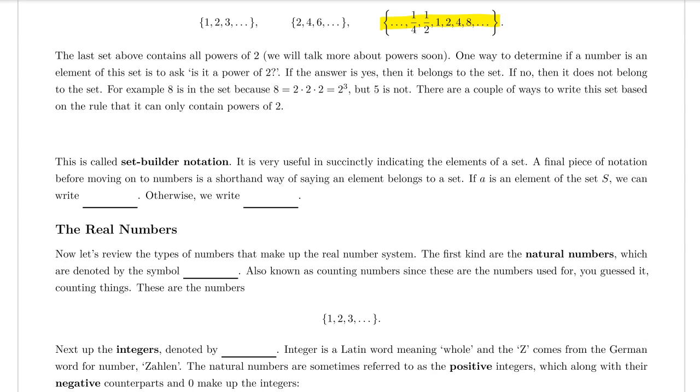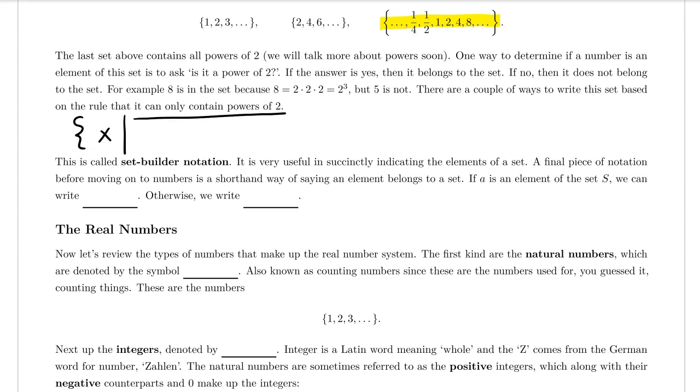There are a couple of ways to write this set based on the rule that it can only contain powers of 2. So let's write this in a few different ways. So I'm going to put the curly bracket, and I'm just going to put some variable. And the variable maybe I could use is x, and then I'm going to put a vertical bar. This vertical bar means such that.